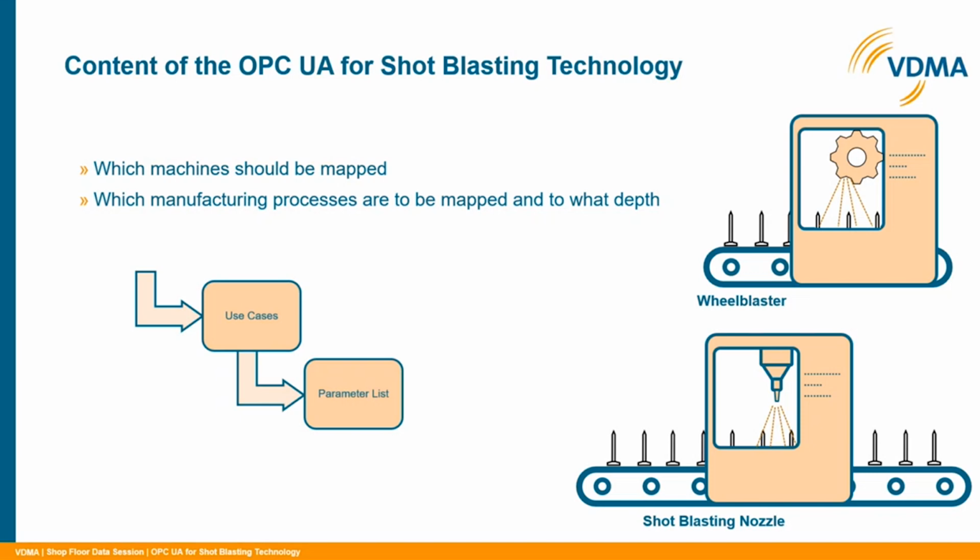So we have the wheel blasting machines and the air blasting machines that are accelerating the shot blasting media in a different way. And it's very important to look again at the first two questions. They have to be answered. You have to exactly know what machines you're talking about.